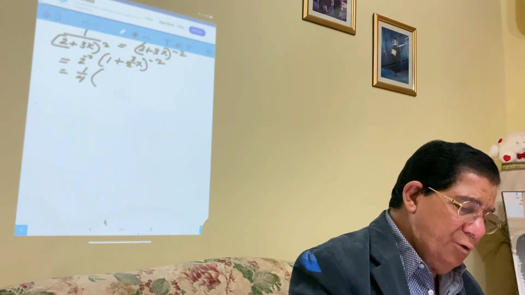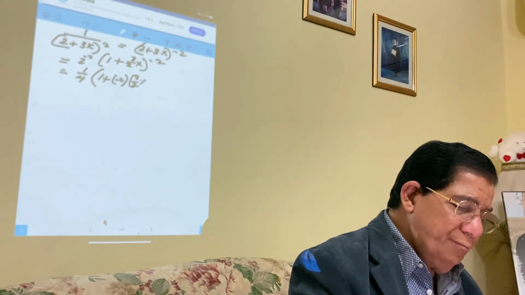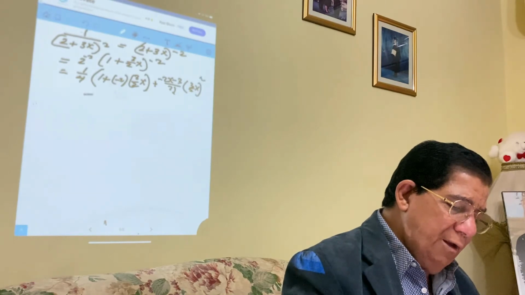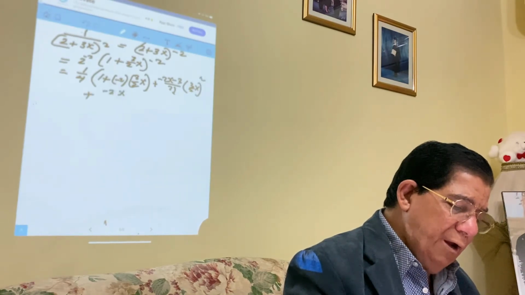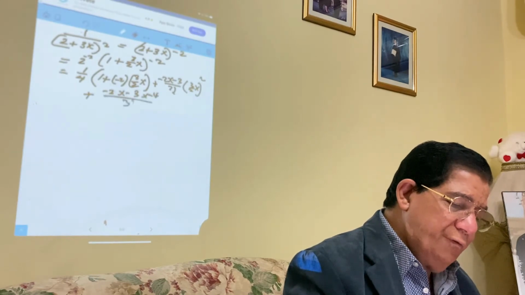This expansion: 1 plus n times x plus n times (n minus 1) over 2 factorial times x squared plus n times (n minus 1) times (n minus 2) over 3 factorial times (3 over 2 x) cubed.